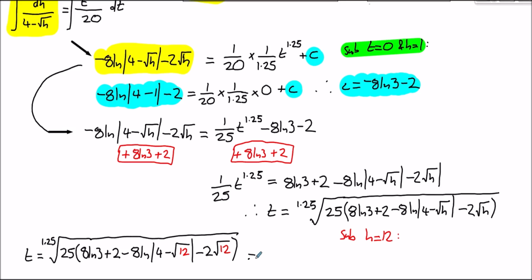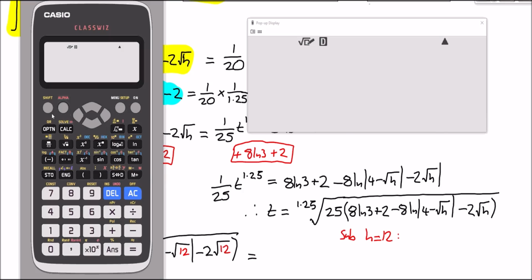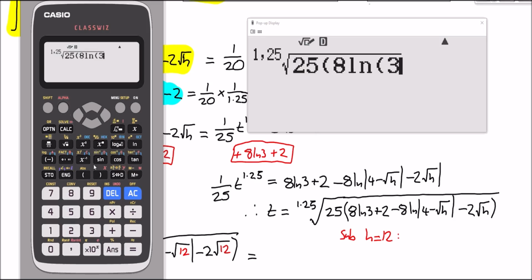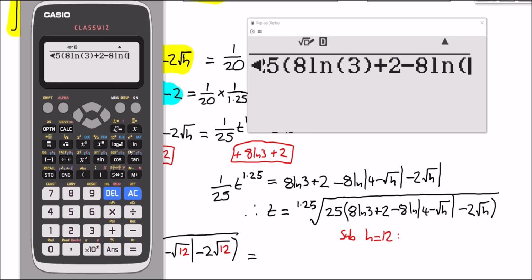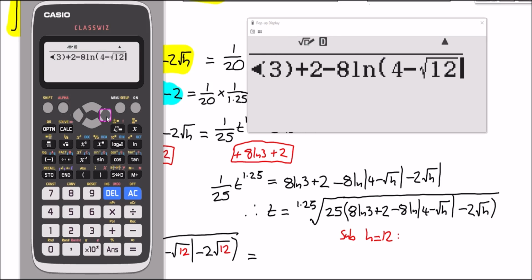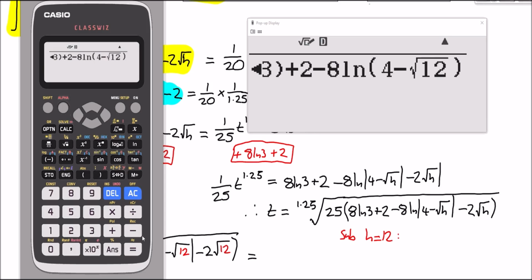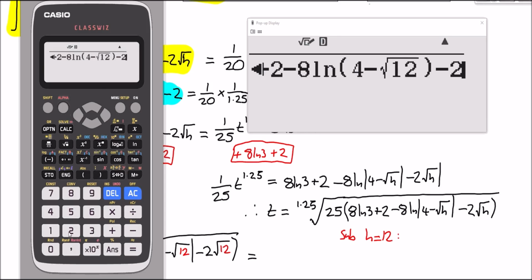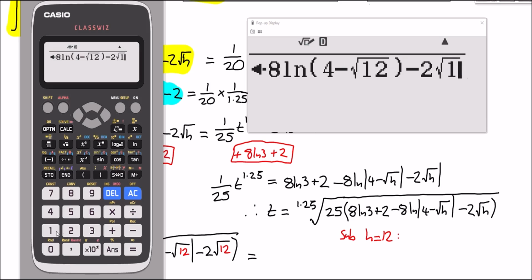So as long as we're careful when typing this in and subbing it in, we should be okay. So shift 1.25 root, that's going to be 25 lots of all of this. So it's going to be 8 ln 3, close brackets, plus 2, minus 8 lots of a natural log of 4 minus root 12, then minus 2 lots of the square root of 12.